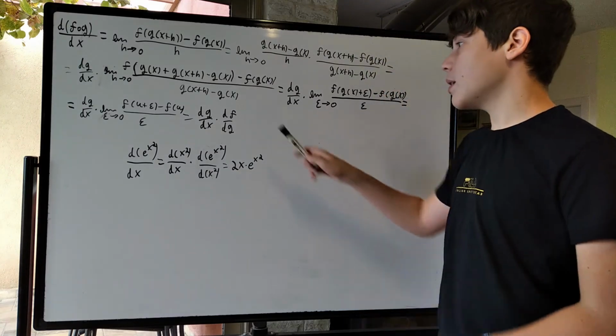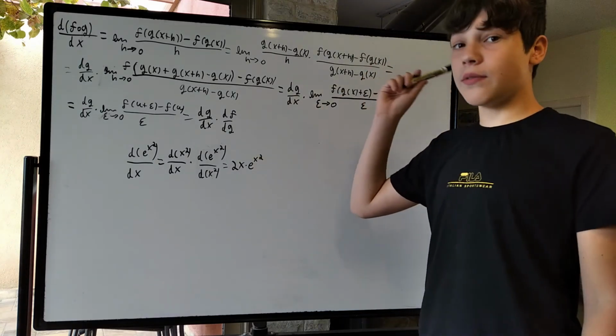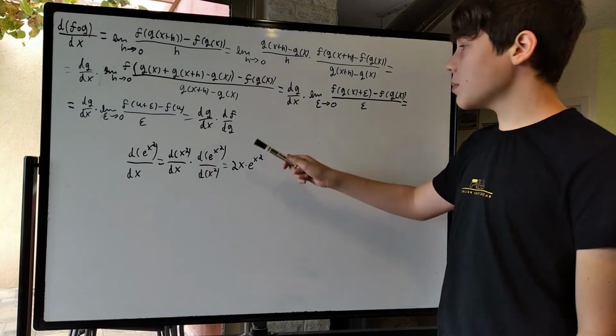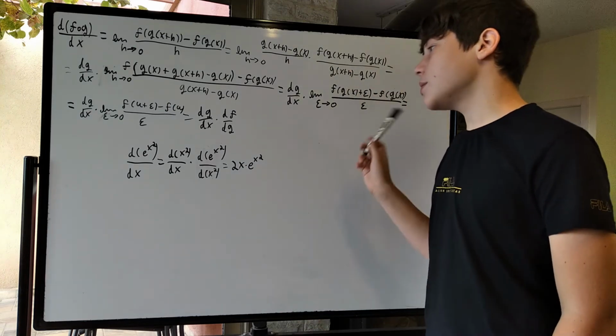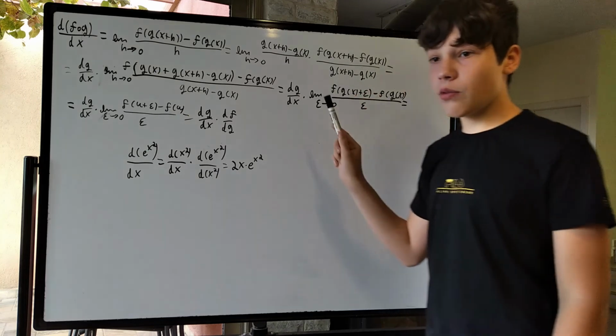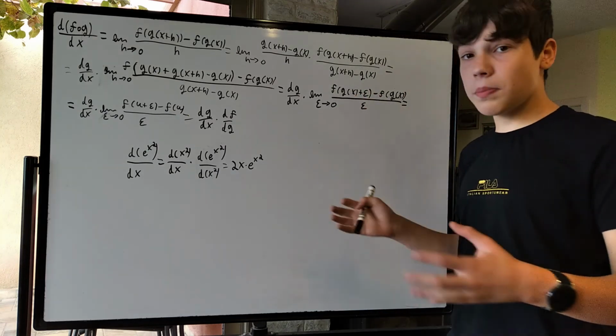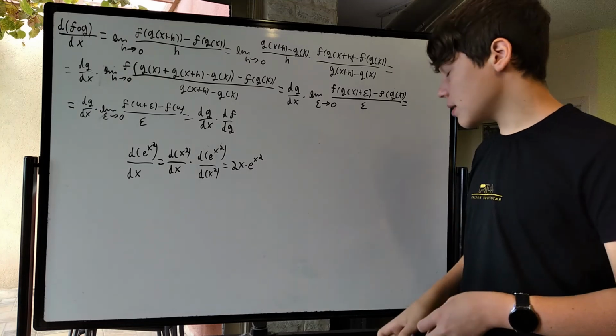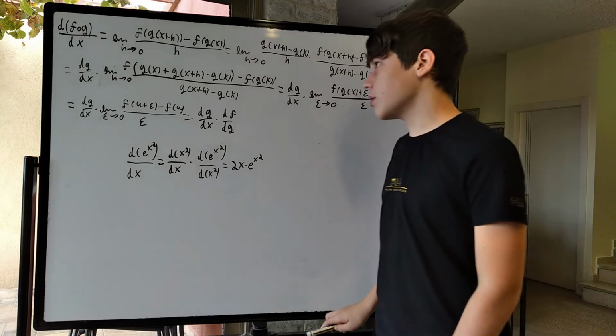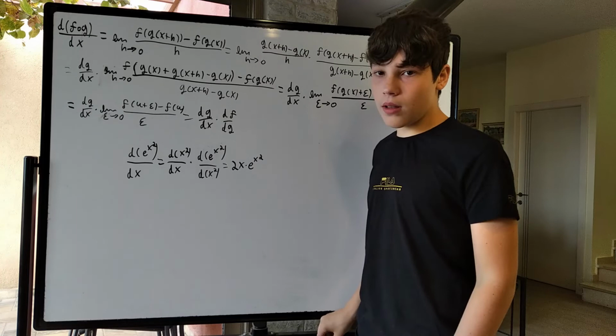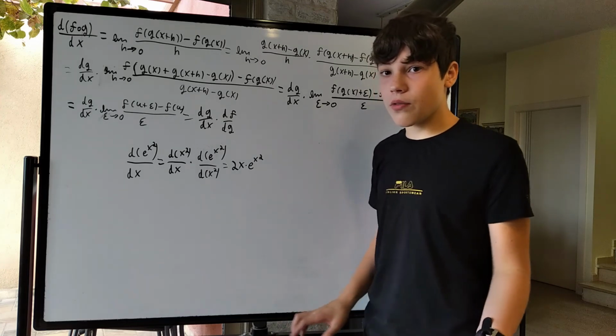Then you're doing dg over dx, the derivative of g with respect to x, multiplied by df over dg, the derivative of f with respect to g. You multiply those together, and you get the derivative of your desired function.